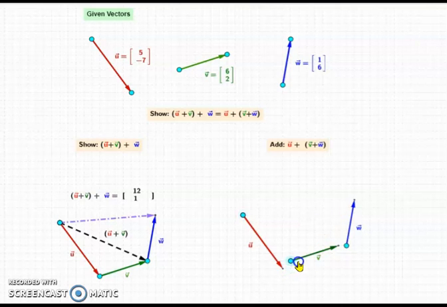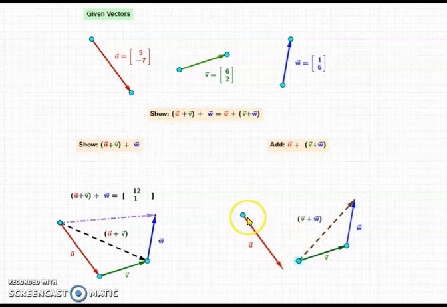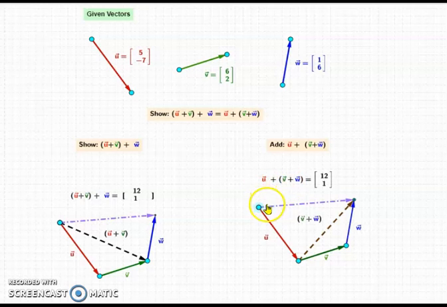Alright, so this is now the vector u plus the quantity v plus w. If you observe, they have the same components and therefore these two vectors are equal, satisfying this equality.